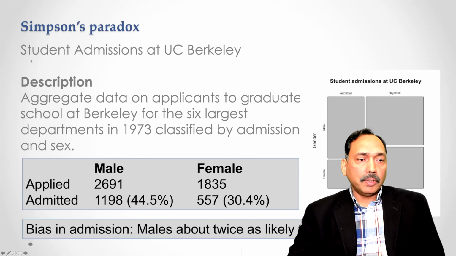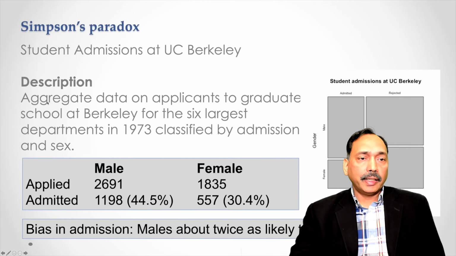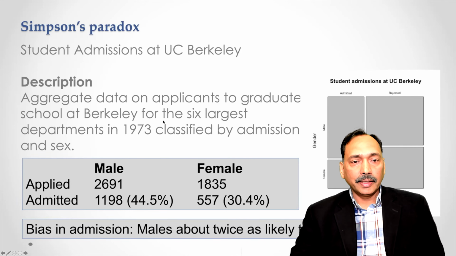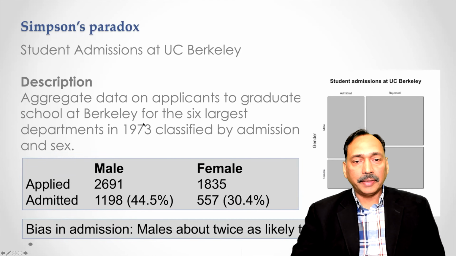So this data was from the University of California, Berkeley, student admissions data, aggregate data on applicants to graduate school, those people who are applying for the 6 largest departments. So this is old data, 1973.